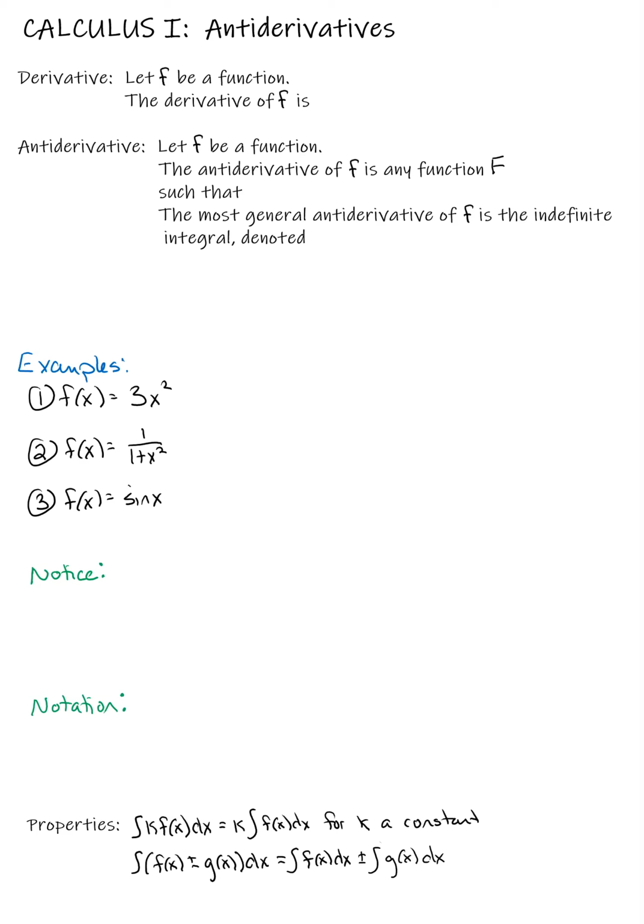Let's first begin by reviewing what a derivative is. So, if you recall from the definition of a derivative, we begin by letting f be a function. The derivative of f is denoted f prime of x, and it is the limit as h approaches 0 of f of x plus h minus f of x divided by h.